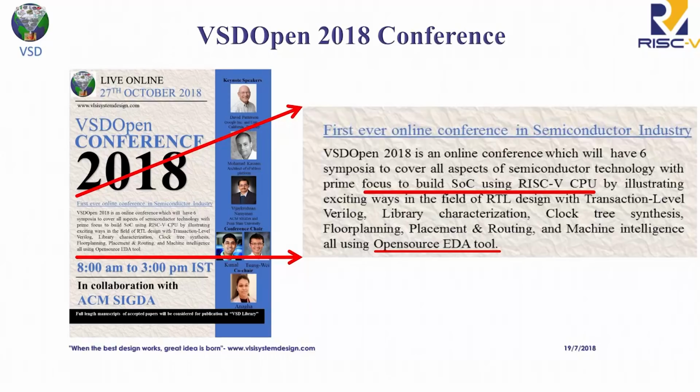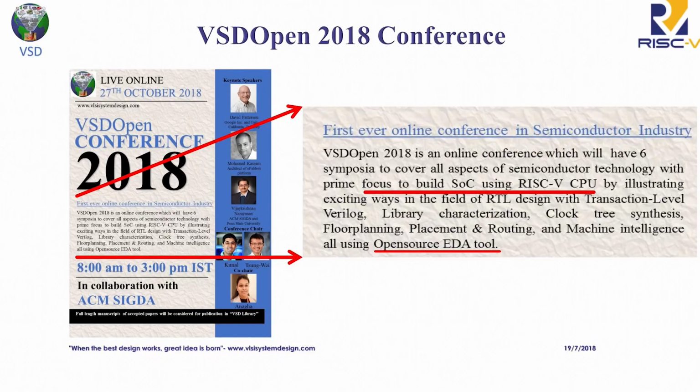To conclude this slide, RISC-V spreads technology and develops technology, and at VSD we try to spread technology through our blogs, courses, and webinars, reaching out to students so they can learn the newest technology in the market.